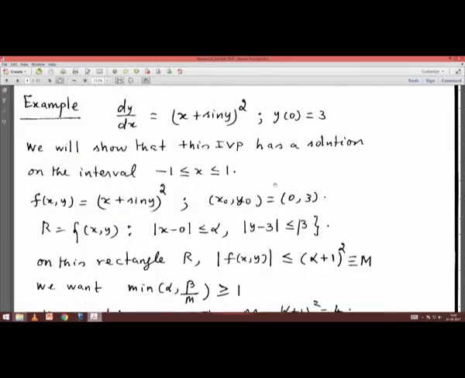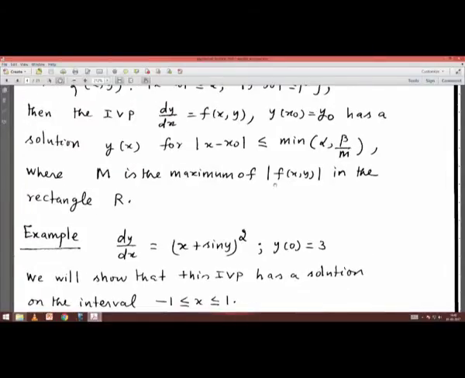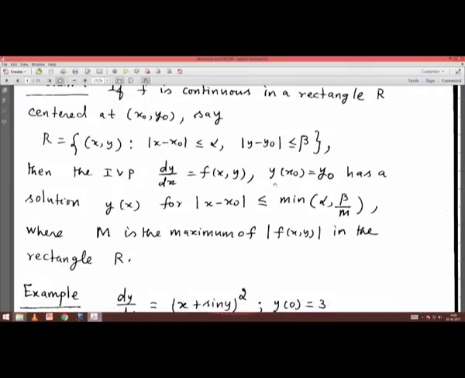What does that condition say? The theorem says that the initial value problem has a solution y of x for mod x minus x naught less than or equal to minimum of alpha comma beta by M. So, in our case, y of 0 equal to 3.